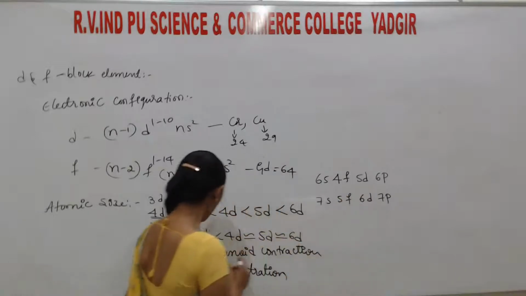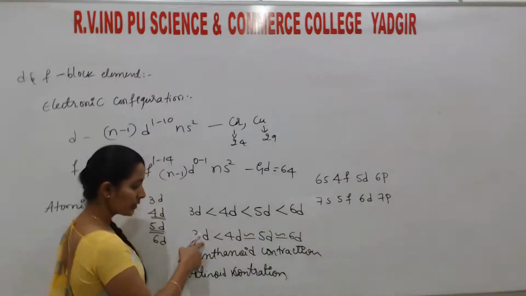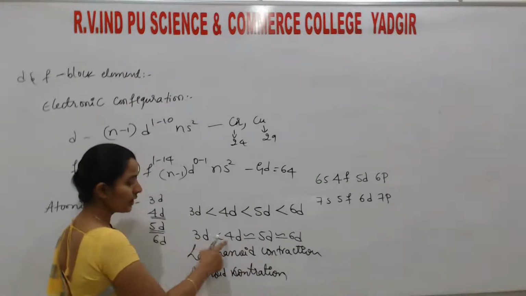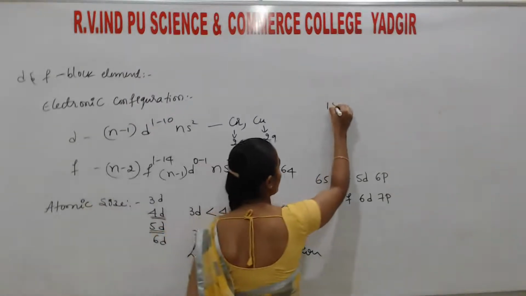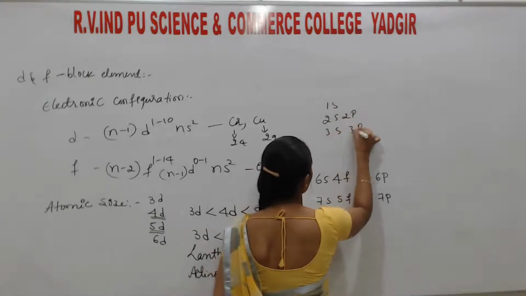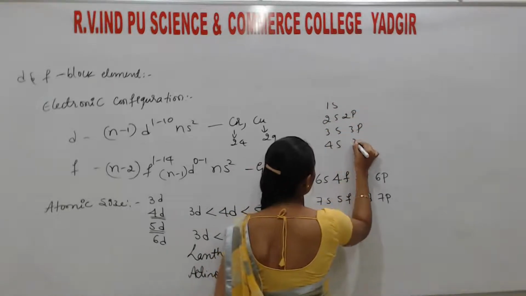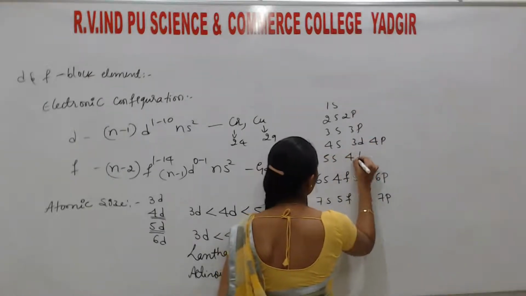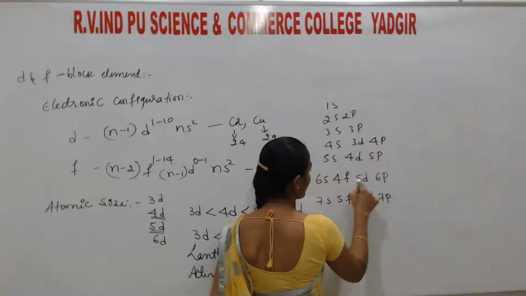Listen. Here I am telling 3d series is there, 4d series is there, 5d series is there. Here 1s is there, next 2s 2p, next 3s 3p, next 4s 3d 4p, next 5s 4d 5p, next 6s 4f 5d 6p.